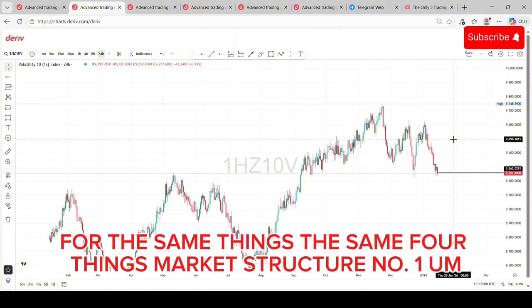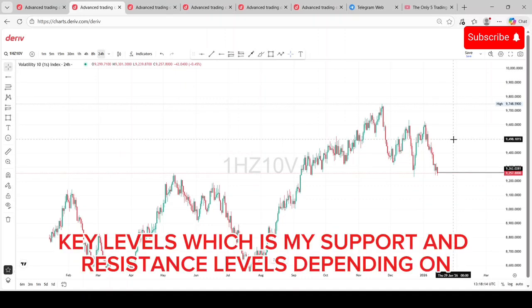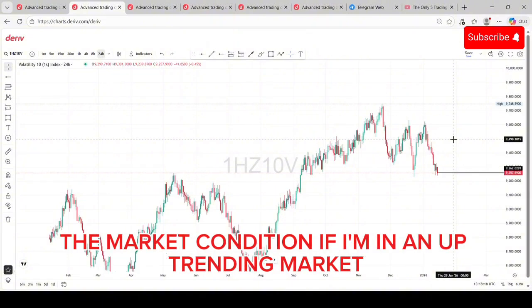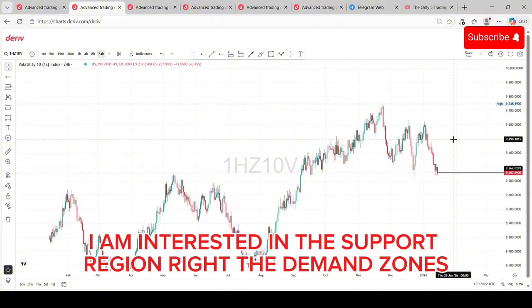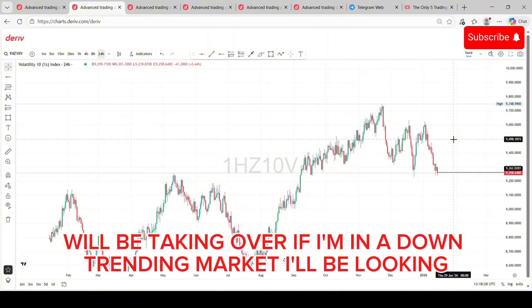I'll keep looking for the same four things: market structure, number one, key levels, which is my support and resistance levels, depending on the market condition. If I'm in an uptrending market, I am interested in the support region, the demand zones where buyers will be taking over.